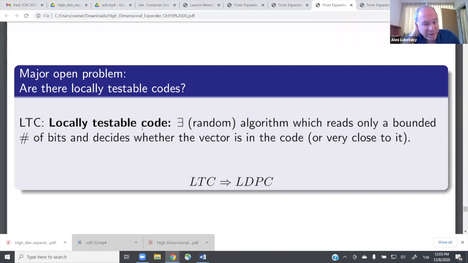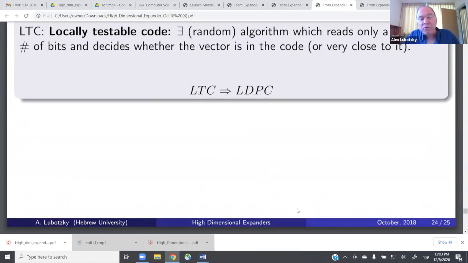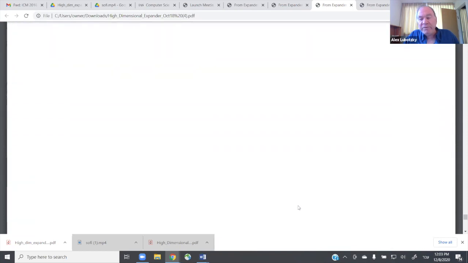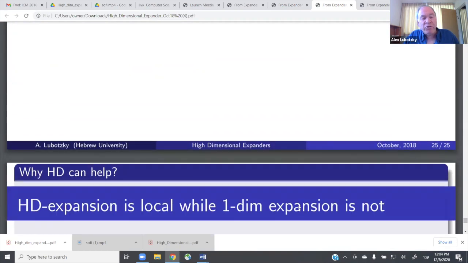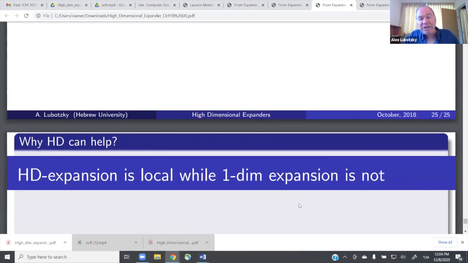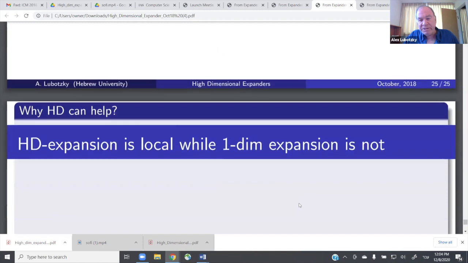Locally testable codes are necessarily LDPC, but random LDPC codes do not satisfy this. Spielman codes also seem not to satisfy that. Are there such codes? This is still a major open problem. Let me just explain, just talking philosophy, why I do believe that high-dimensional expanders can help in this direction.